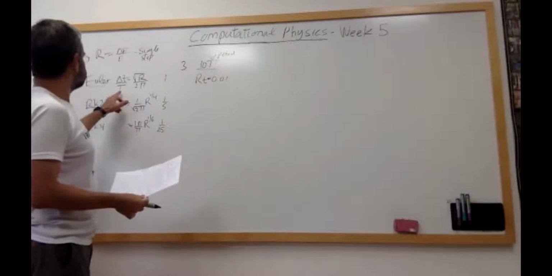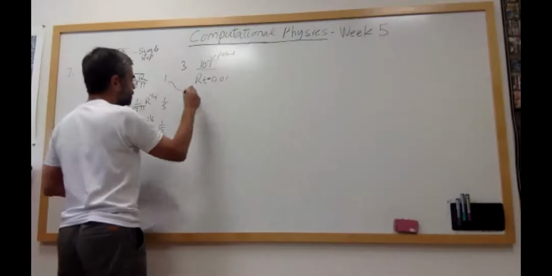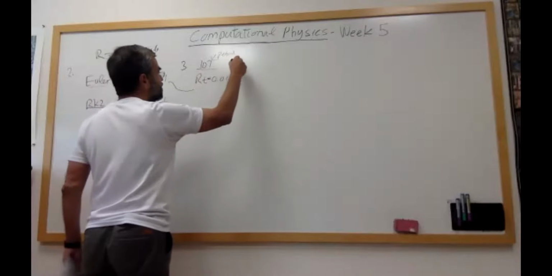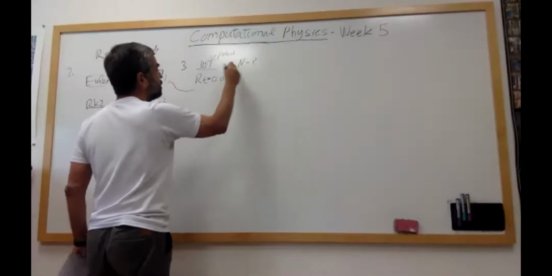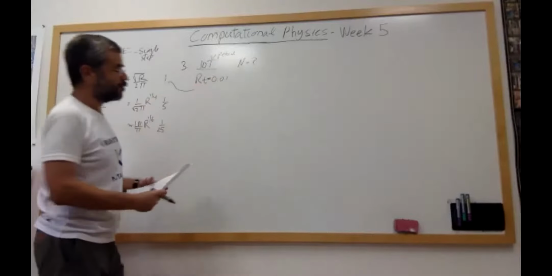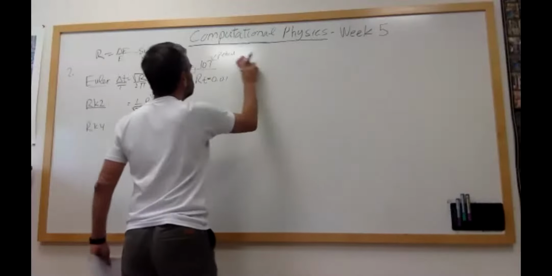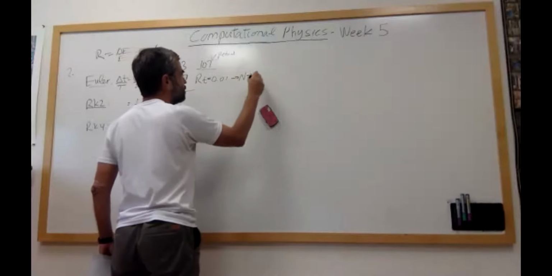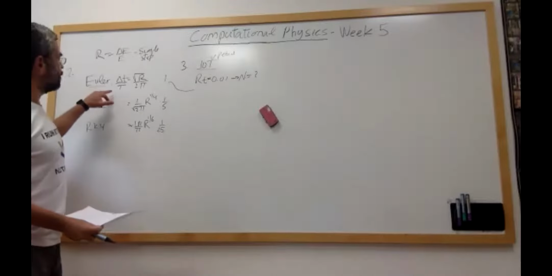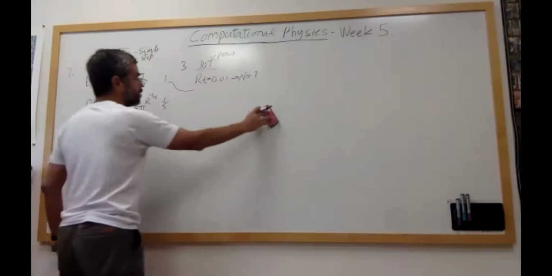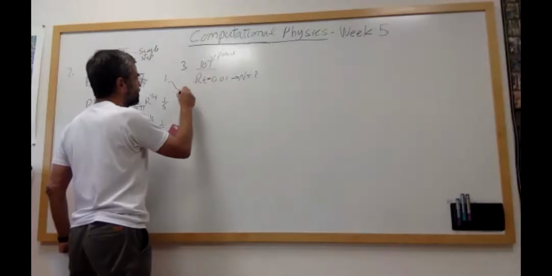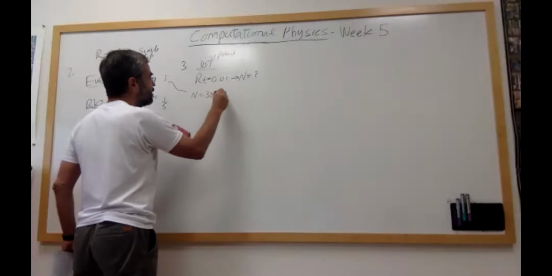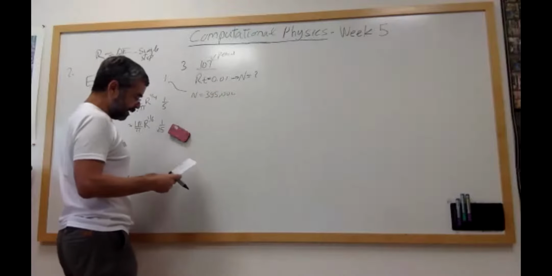So the question is, what is n that you need to reach this precision? With Euler, the result was that n is about 395,000 steps.